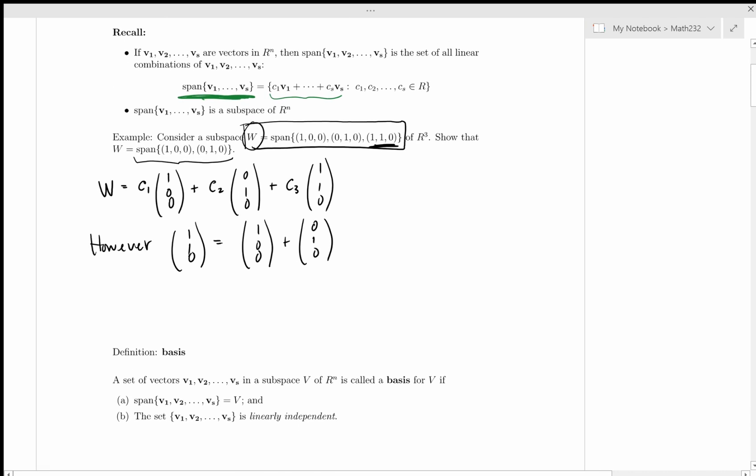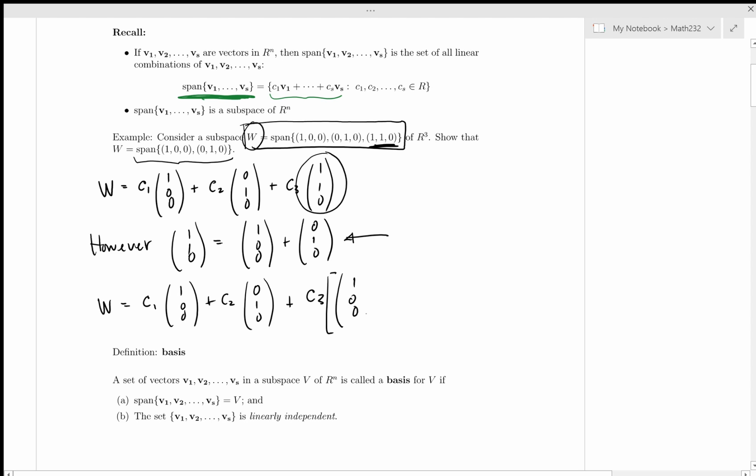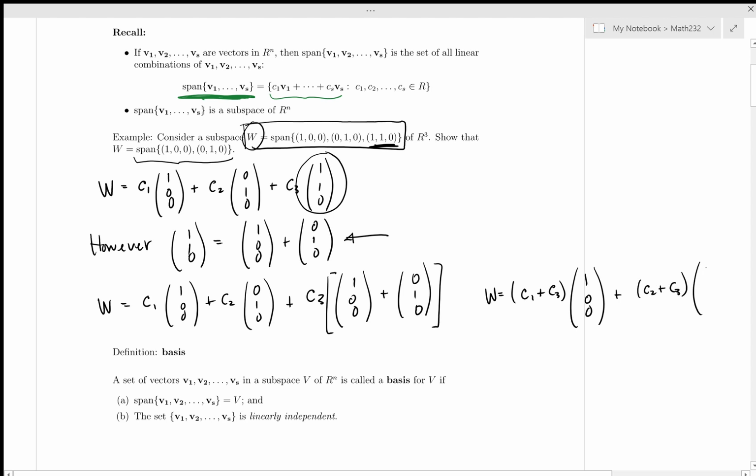That means I could write W as C1 times (1, 0, 0) plus C2 times (0, 1, 0) plus C3 times, now instead of the third vector, this representation, (1, 0, 0) plus (0, 1, 0). Then I can combine constants and write W as C1 plus C3 times (1, 0, 0), and C2 plus C3 multiplied by (0, 1, 0).